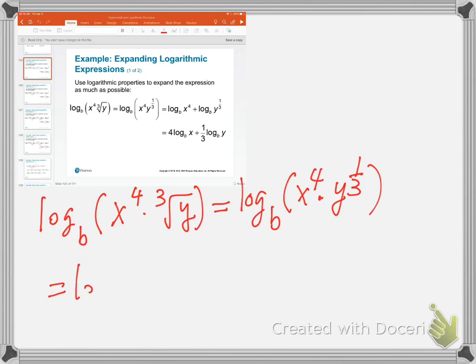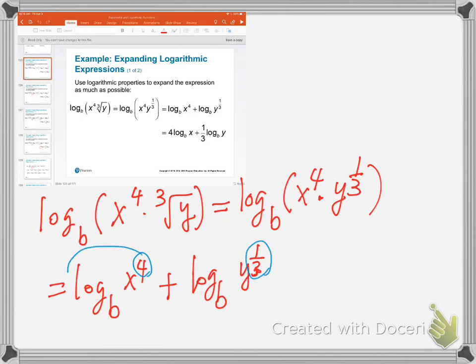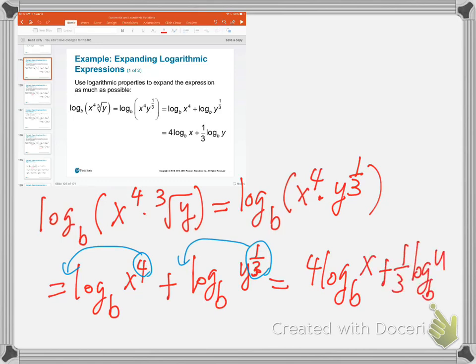So we have the same base, log b of x to the 4th plus log b of y to the 1/3. So product is the sum. Now we have the power rule. These two exponents will go to the front of their logs. So the answer will be 4 log b of x plus 1/3 log b of y.